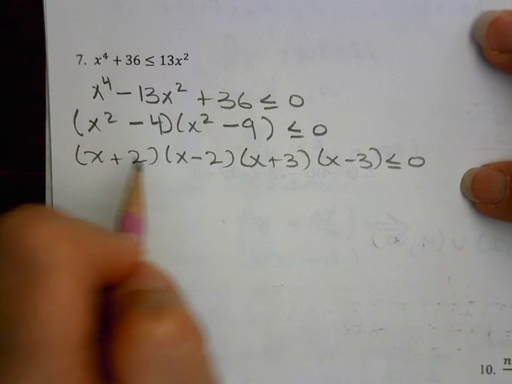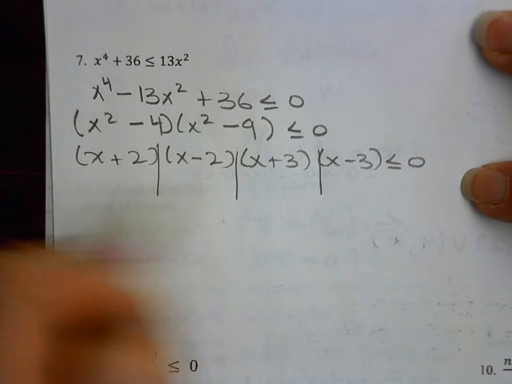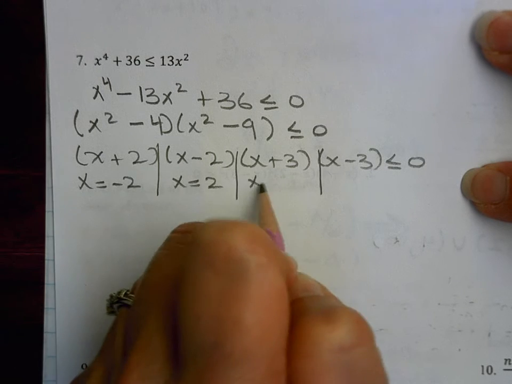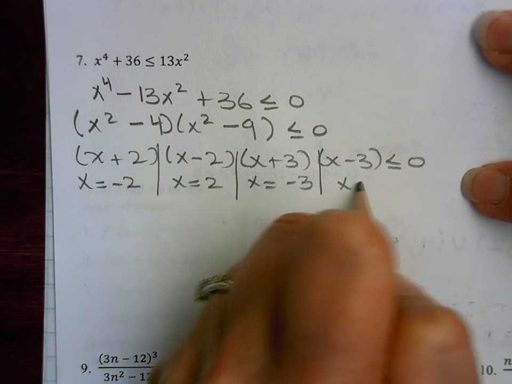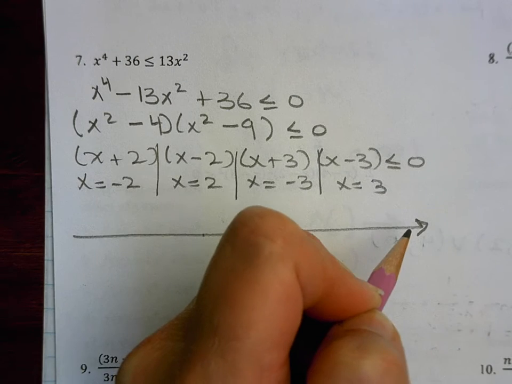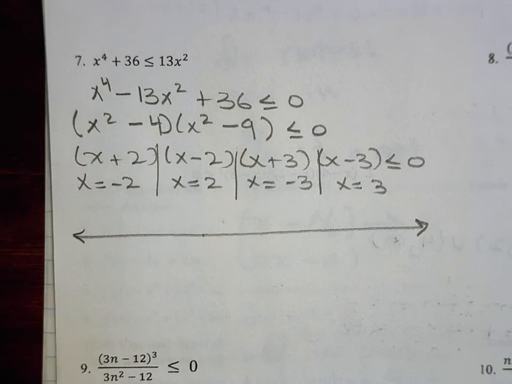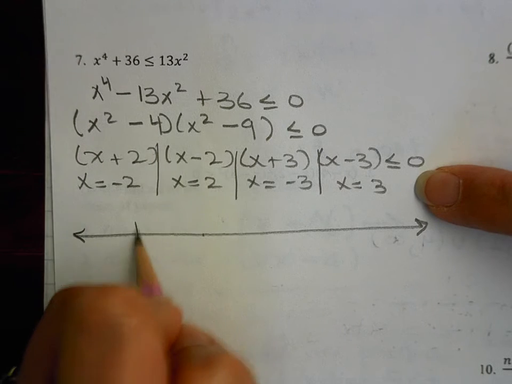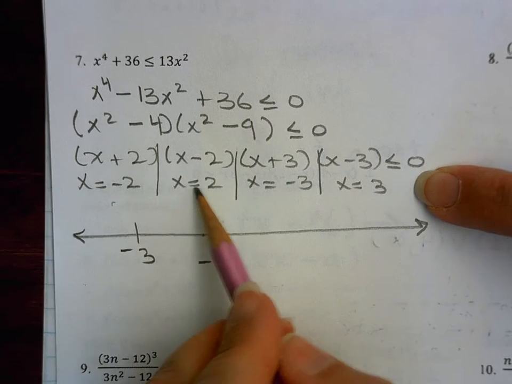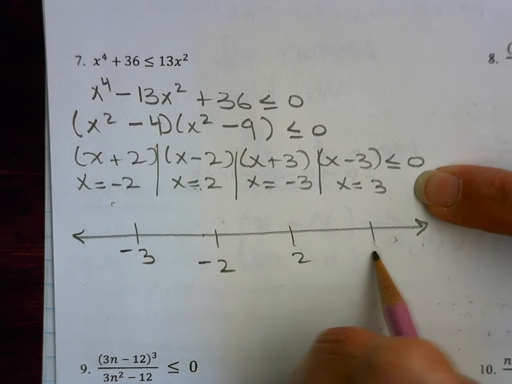So then my roots are going to be negative 2, 2, negative 3, and positive 3. And then I'm going to go in order. So my smallest is negative 3, negative 2, and then 2, and then 3.